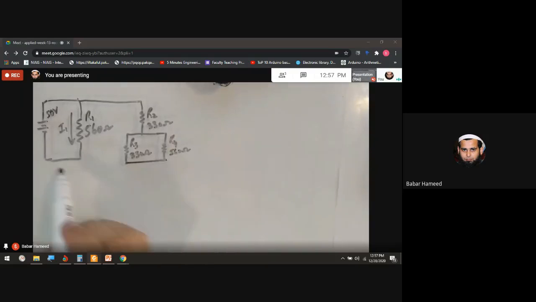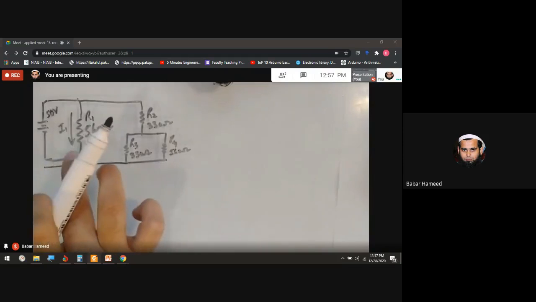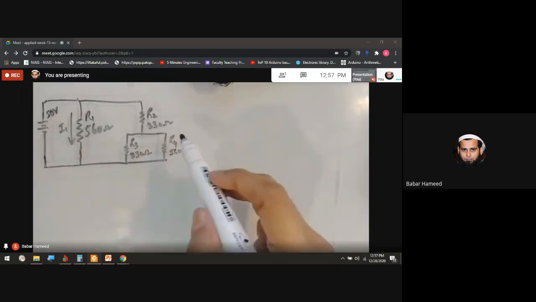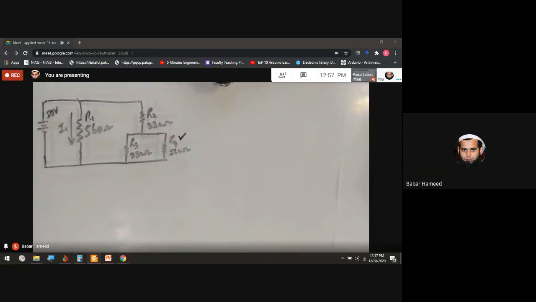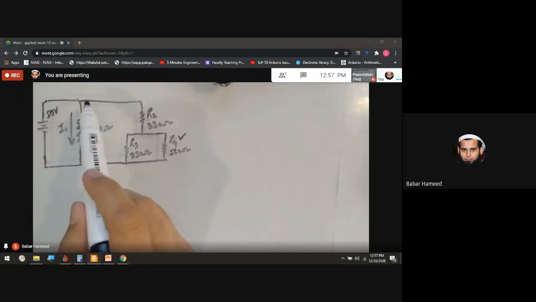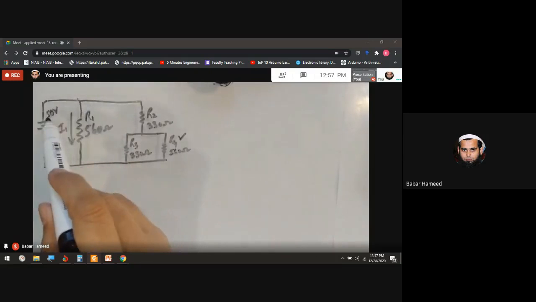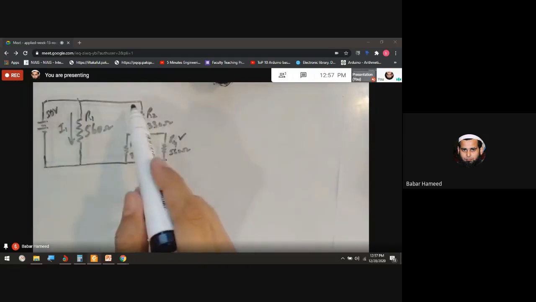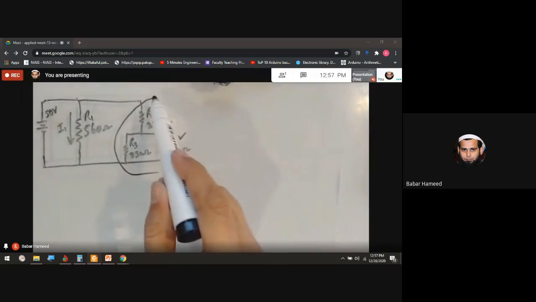So what can we do? Here we have a circuit, and we have to find the current through this resistance R4. Now, if you look at the circuit, this voltage source is directly connected with R1 and this whole combination.